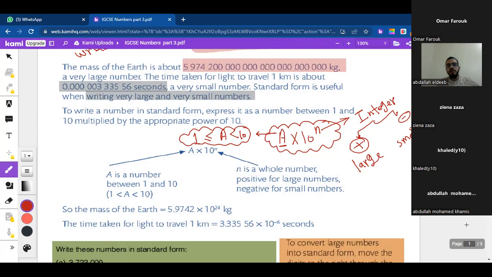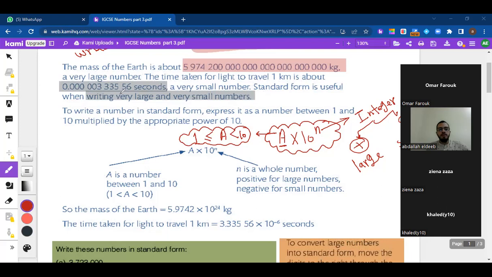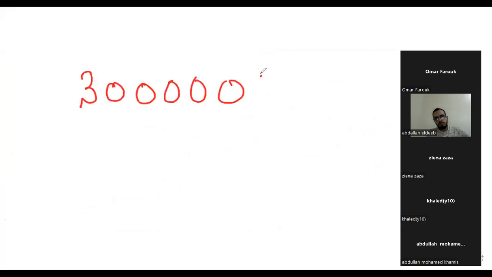Let's take an example to understand. Here we have a number 3 and then many zeros like this.